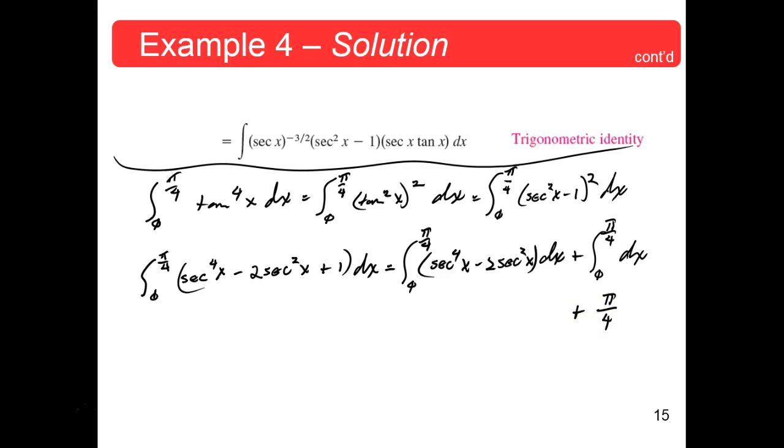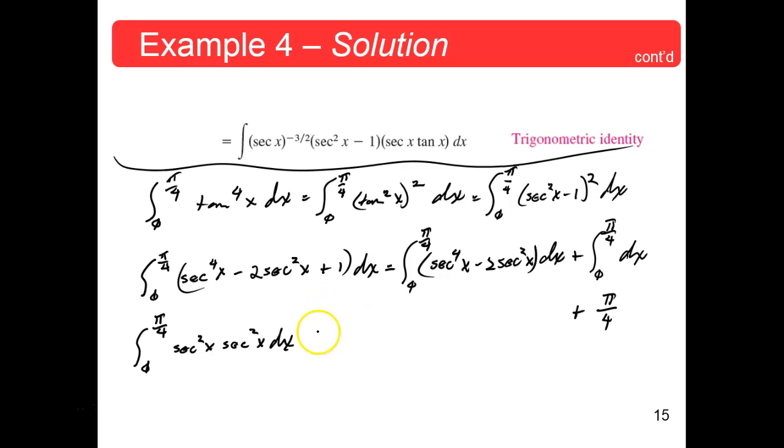Now we've got to do our secant to the fourth. Now, it feels like we're running in circles almost on this one. So this first is going to be 0 to pi fourths, and this is going to be, pull out a secant squared. Okay, there's that first one, right?